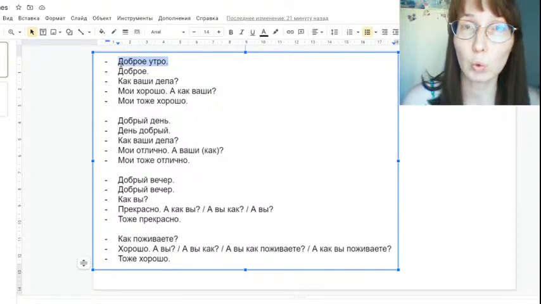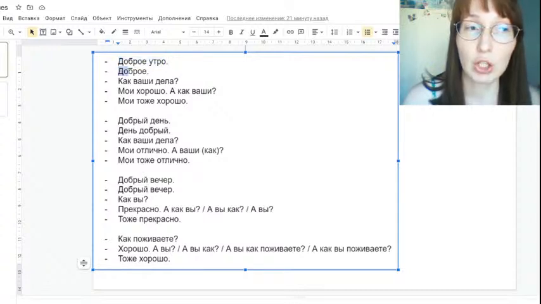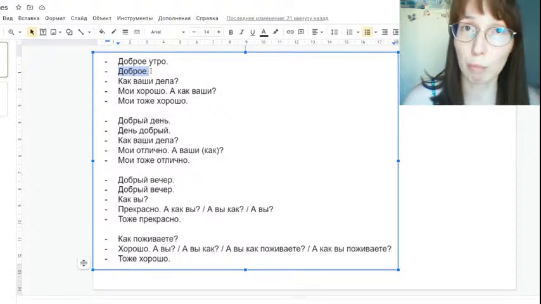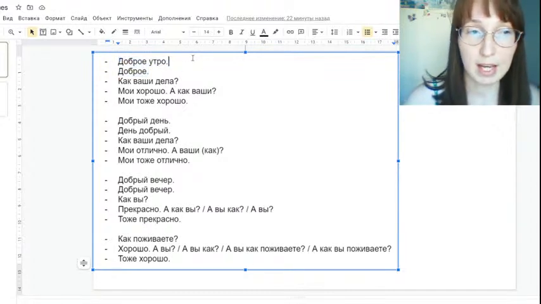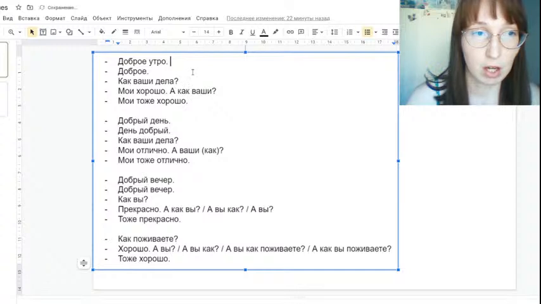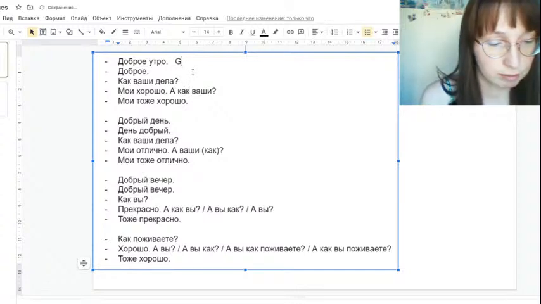Доброе утро. Доброе. It means good morning.